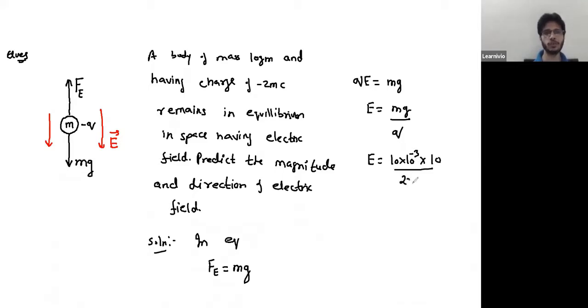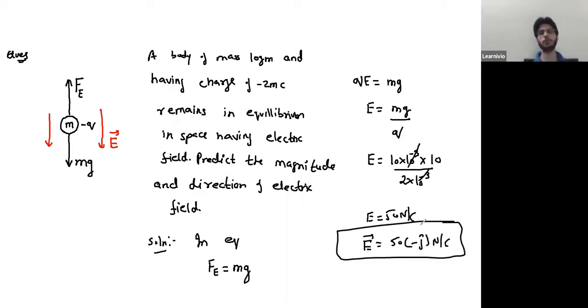Charge is 2 millicoulomb, so that's 2 into 10 raised to the power minus 3. Gets cancelled out. So the electric field is 50 Newton per coulomb. And the direction of electric field is just opposite to that of force. That means field is acting in downwards direction. So in vector form, we can use a unit vector minus j cap. So it's 50 minus j cap Newton per coulomb. So this is the electric field acting over the charge.